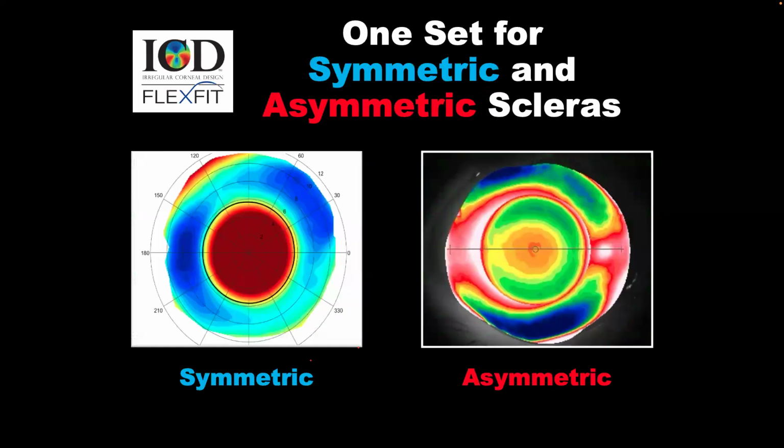So again, this is for symmetric or asymmetric scleras. Reassess what you're seeing on the slit lamp, and according to what you're seeing, you can adjust it. As mentioned before, you can go from an asymmetric lens to a symmetric lens if you don't see a need for it, or from a symmetric lens to an asymmetric type of lens just by adding toricity.